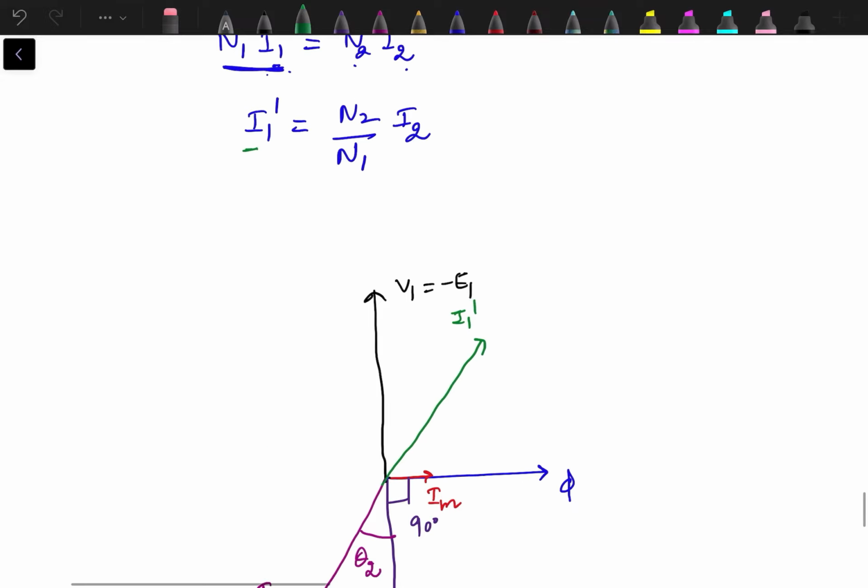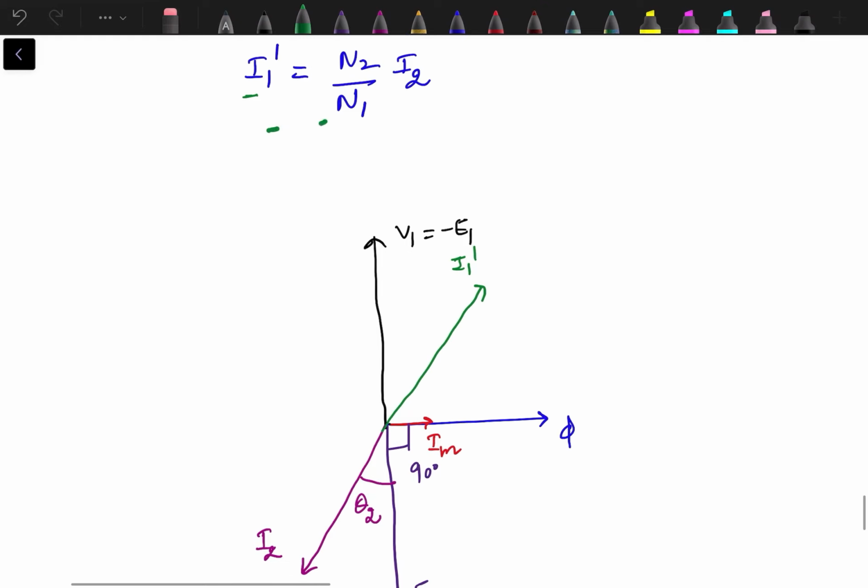The magnitude can be calculated by this equation, but it should be at 180 degrees. Why 180 degrees? Because the working fluxes produced by both are in opposite directions. It means both the currents are also in opposite directions.